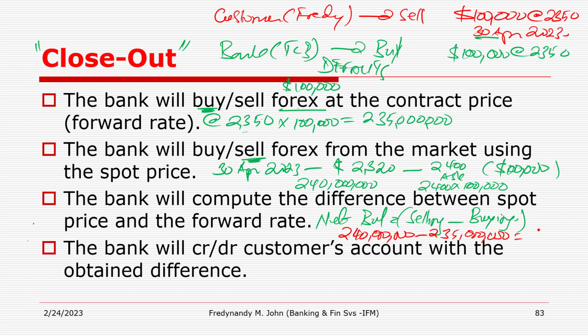The difference here will be how much? The difference is 5 million, right?